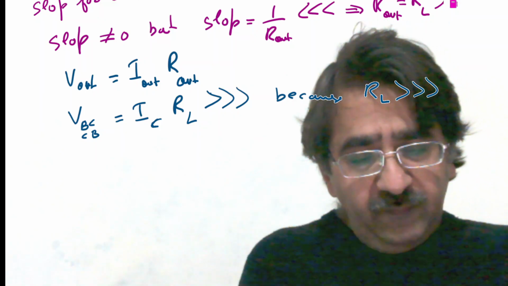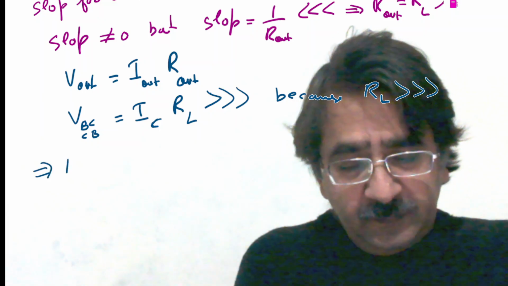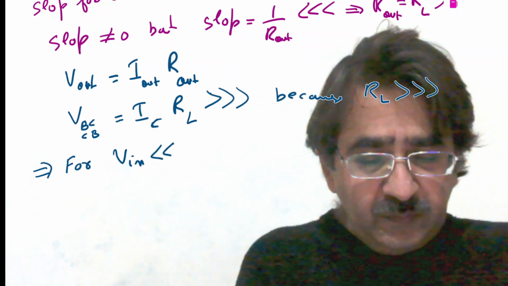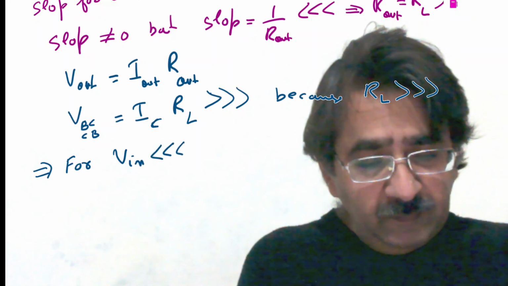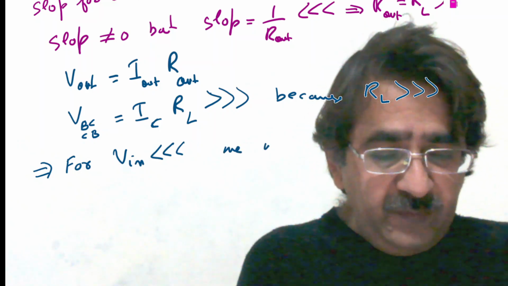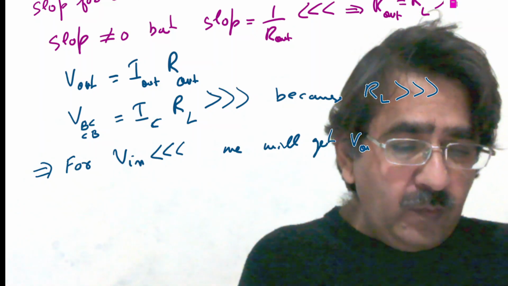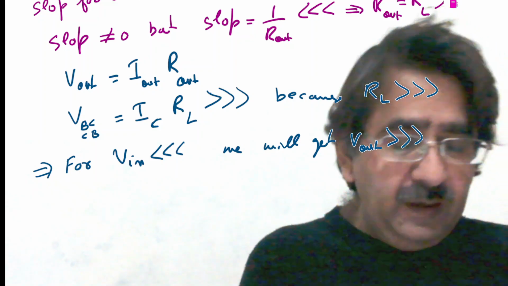This implies that for V in very, very small, we will get V out very, very large.